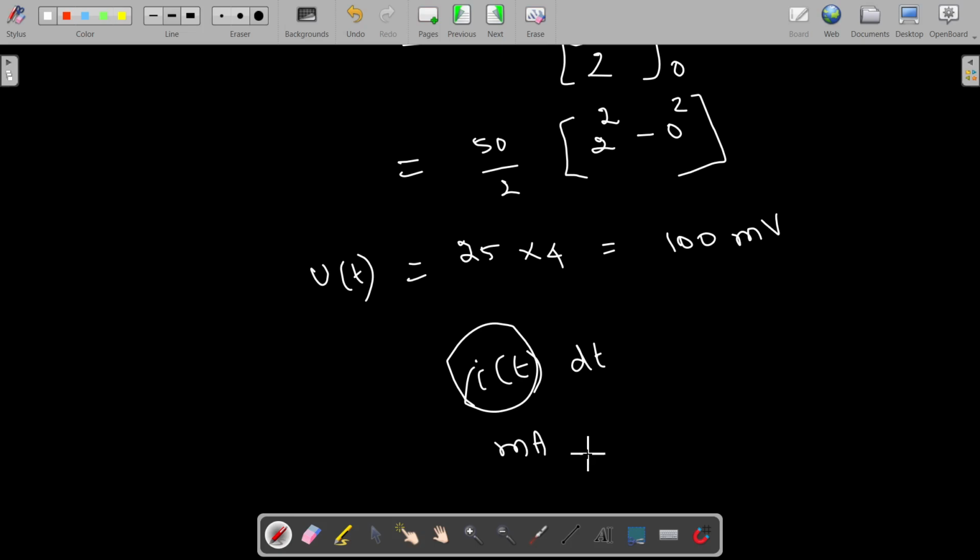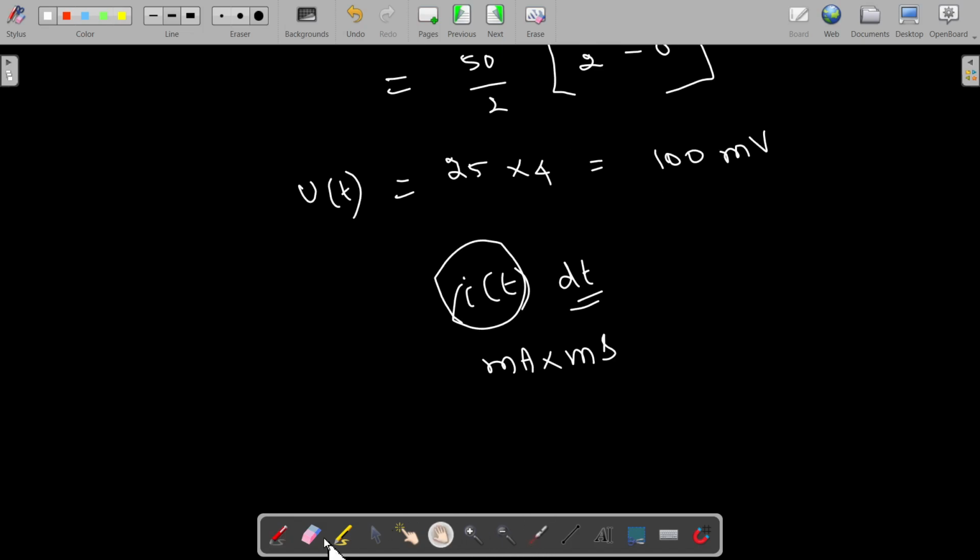In our problem, it is given as milliamps, and the time is given in milliseconds. So these two we need to multiply. When you multiply milliamps into milliseconds, we actually get millicoulombs. It is the charge.